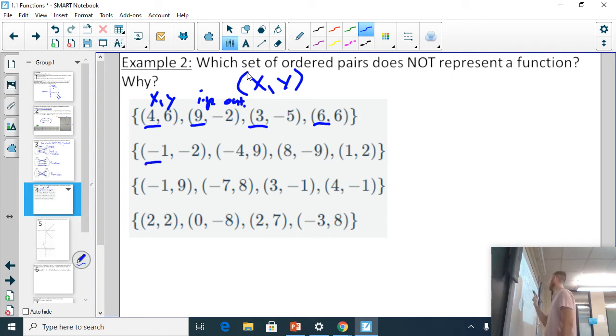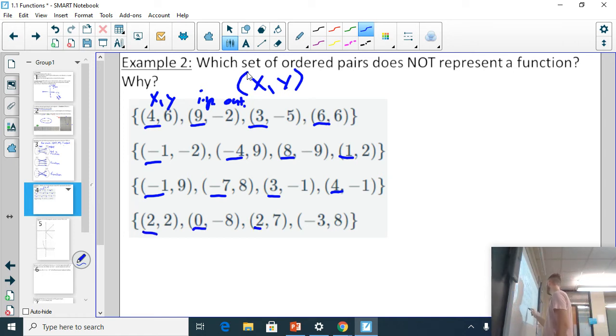Here we have -1 and -4, 8 and 1, all different inputs, so there's no possibility of having the same input go to multiple things. -1, -7, 3 and 4. Again, all different inputs, so we don't have the same input going to multiple things.